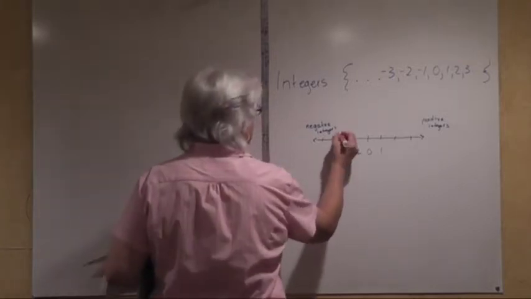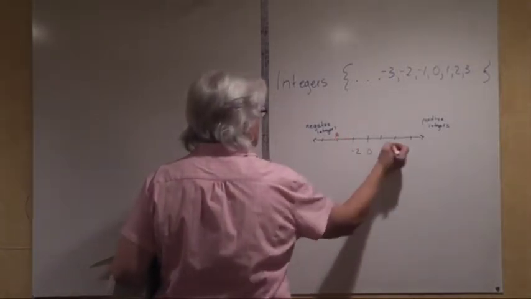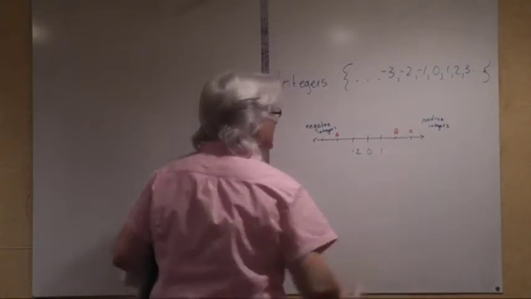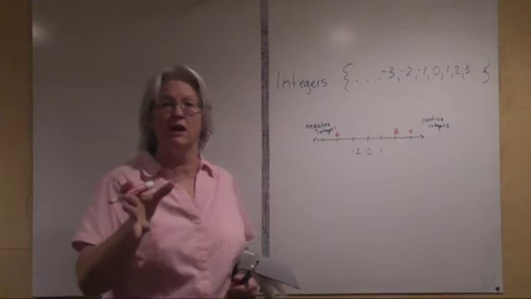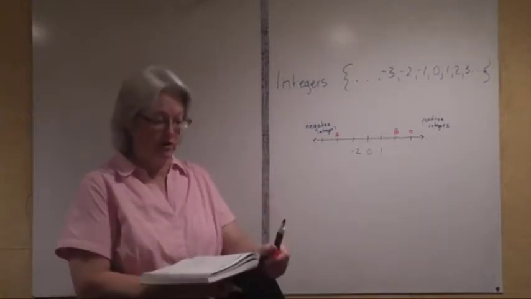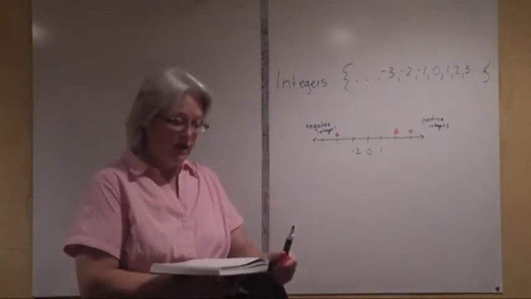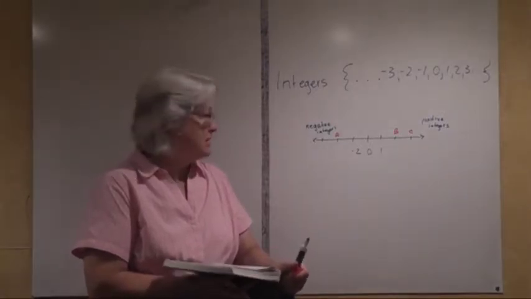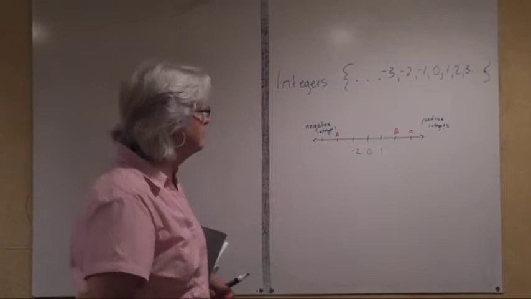Say that we have A, B, and C. These are locations that we have on the number line, and if you look in your text, it says, write the integers for points A, B, and C on the number line.